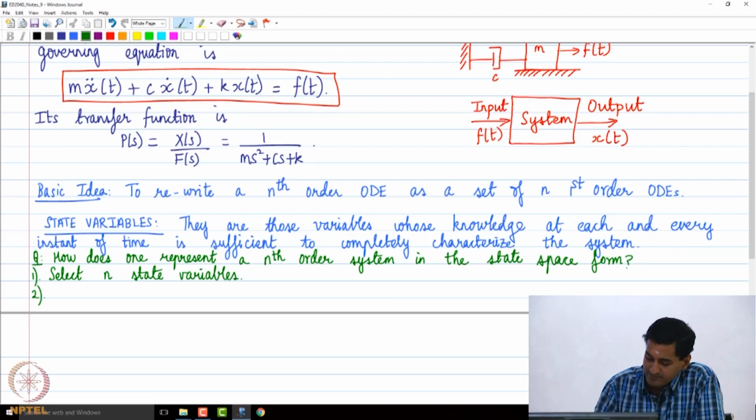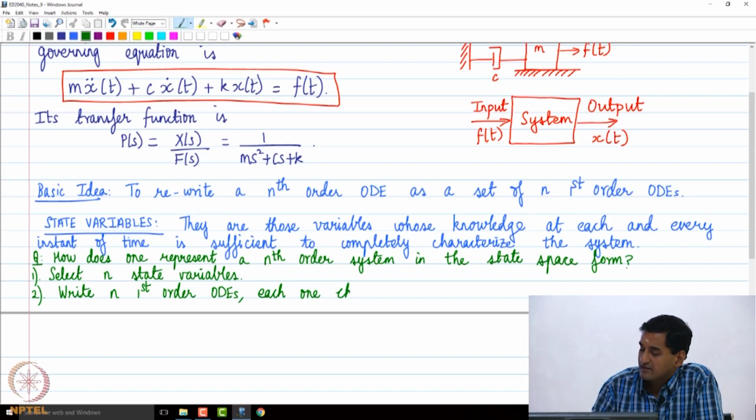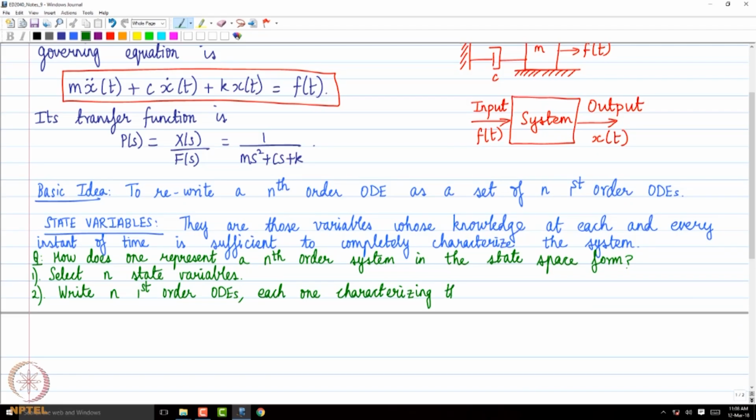So the second step is that: write n first order ODEs, each one characterizing the time evolution of the n state variables.